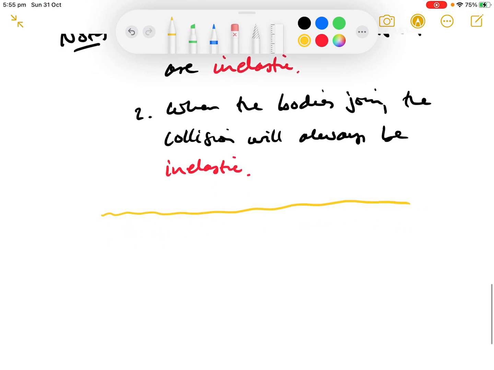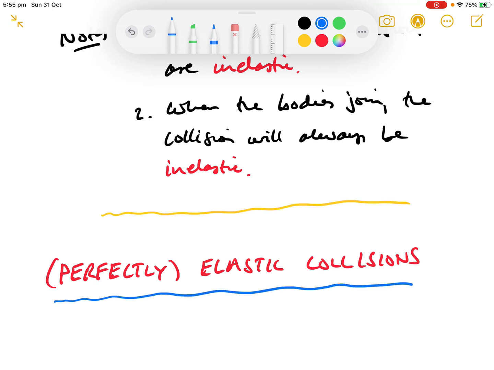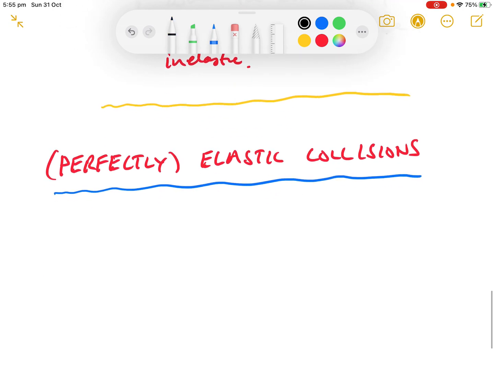To finish off this note, we'll say something about elastic collisions, sometimes called perfectly elastic collisions. Well, let's clarify what we mean by that.